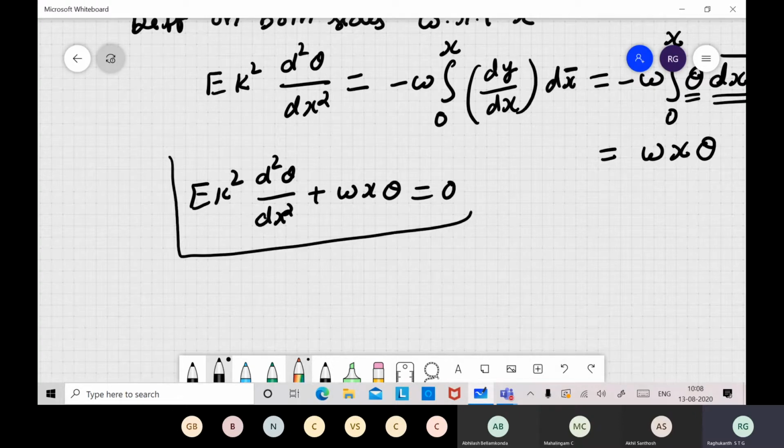This is the nice equation of equilibrium for a column buckling under its own weight.